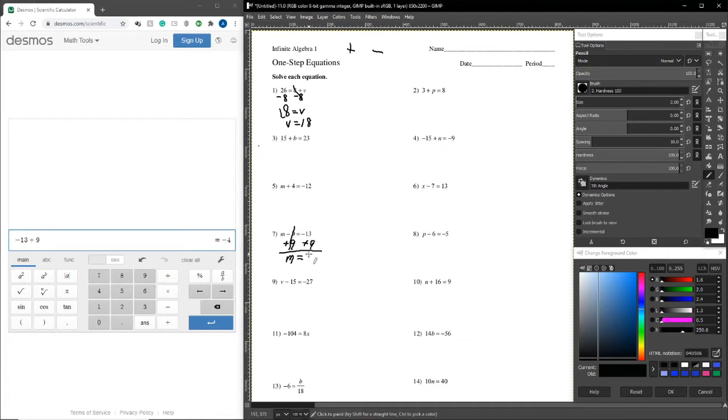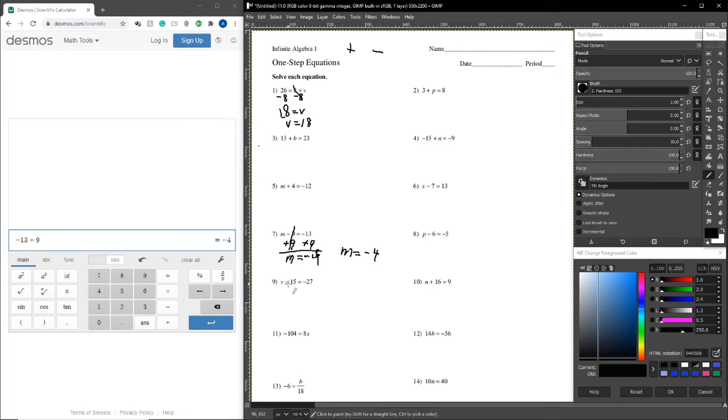So I'm going to come over here and write negative 4. Whoa, that was not beautiful. Let's write it again. M equals negative 4. Okay, much better.